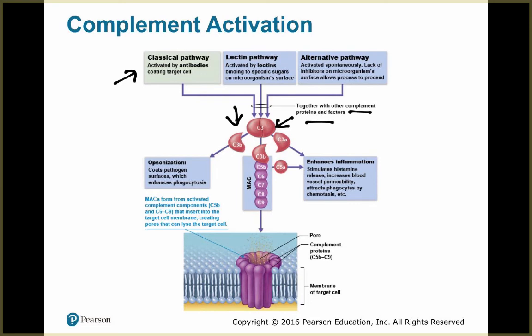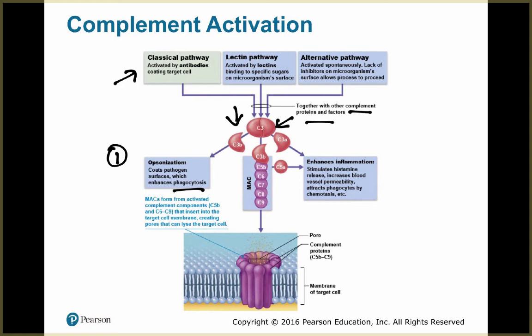So there are three things that can come from complement activation. The first one is opsonization. This is a process where they coat the pathogen surface, which enhances phagocytosis, right? We talked about opsonization earlier when we were talking about recognizing and binding.